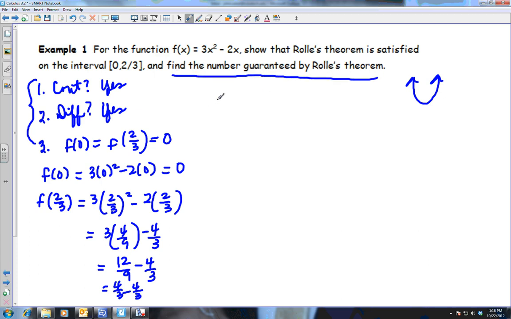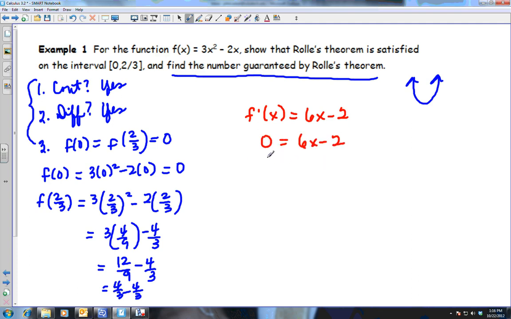So this is what we're going to do. We're going to find the derivative of this, set it equal to 0 and solve. And that's the number where that horizontal tangent line exists. So f prime of x equals, the derivative of this would be 6x minus 2. Set it equal to 0.